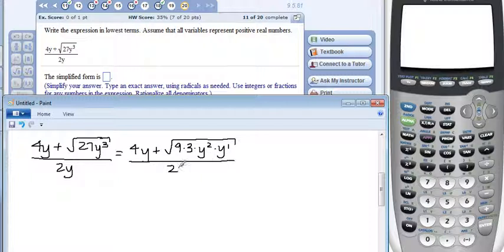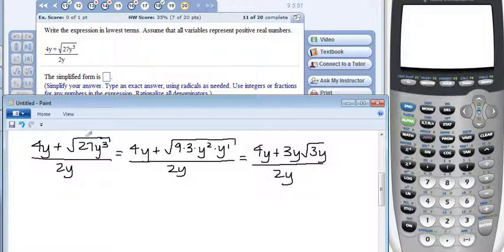So this might take a lot of your radical rules into consideration here. All right, so now I can take the 9 out as a 3, and I can take the y squared out as a y, and what's left is the 3y inside. Don't add those.